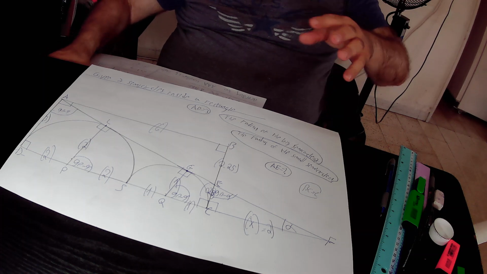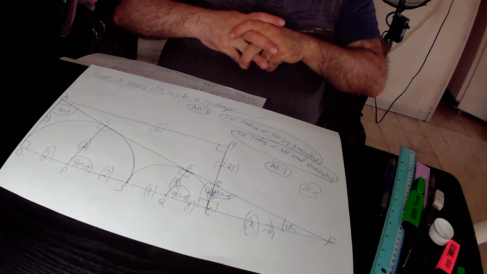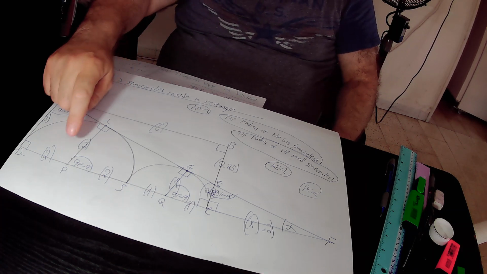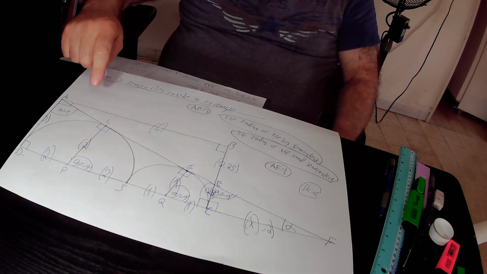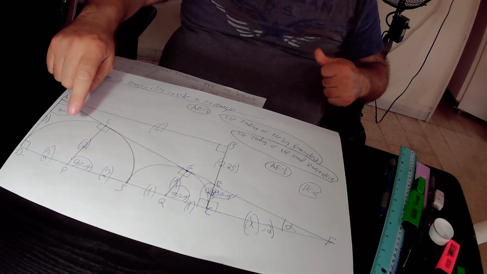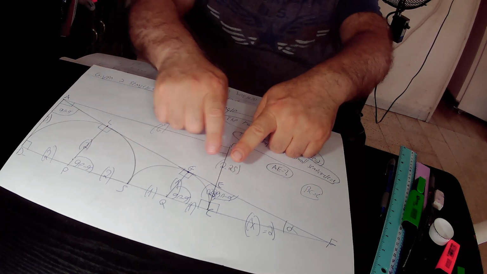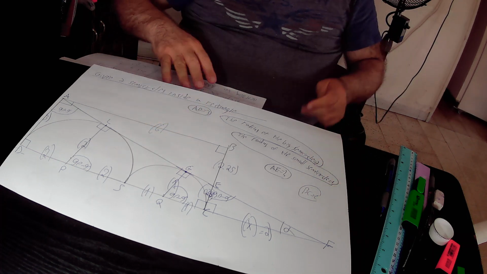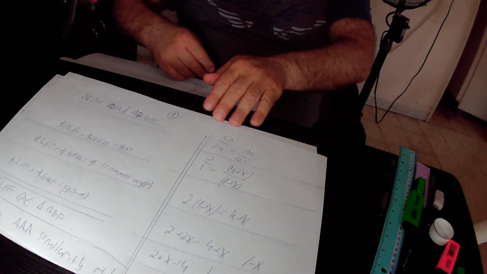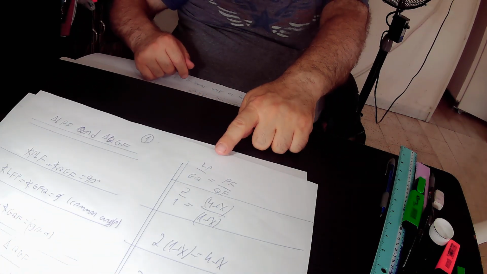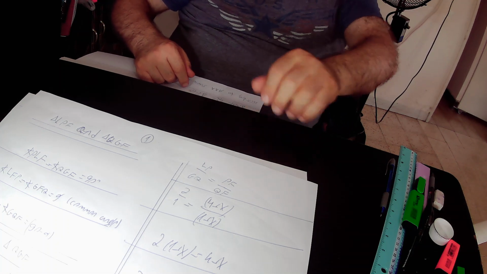And from the fact that those two right triangles are similar to each other, we derive the following relationship between their sides. We derive that side LP in the big triangle over side GQ in the small triangle equals side PF in the big triangle over side QF in the small triangle.